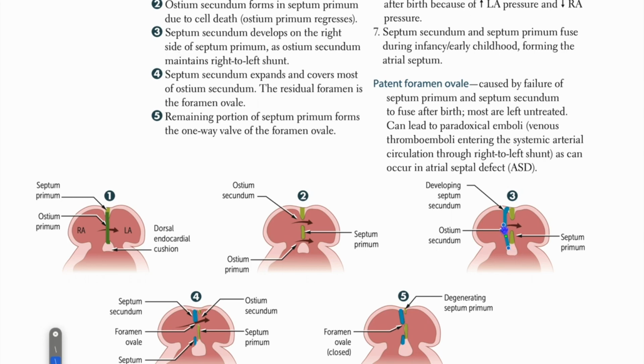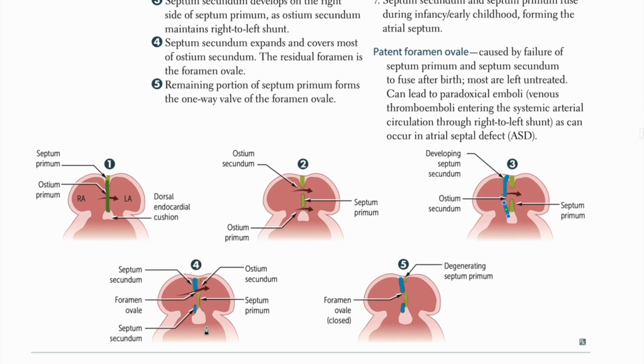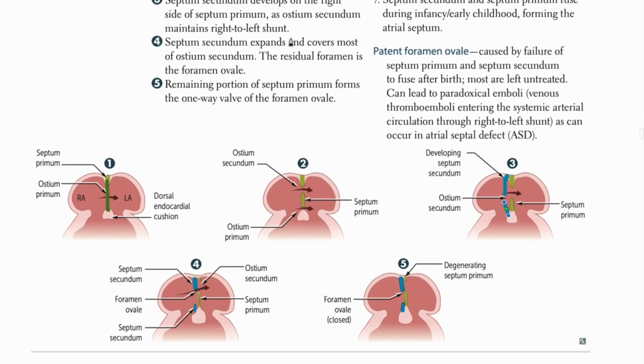As this is developing, there's still some gap here, so the blood still flows through here to here. Now septum secundum expands and covers most of the ostium secundum. So this was ostium secundum, and it's going to come in and block that up to there. The residual foramen is the foramen ovale.